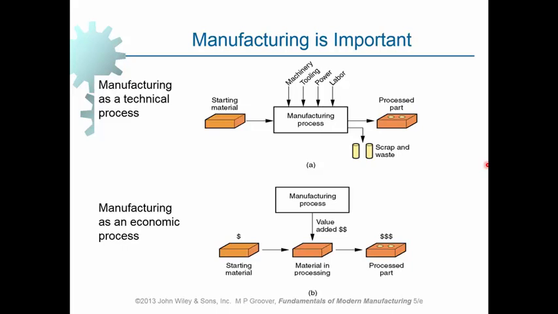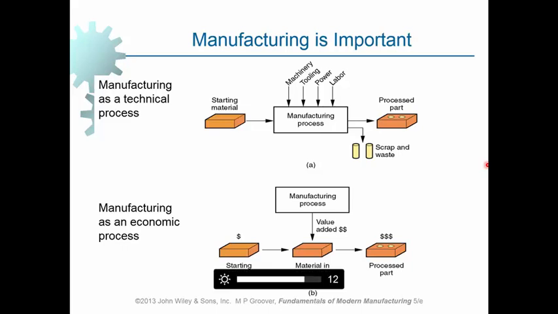When it was in the initial shape, just a straight bar, it was almost useless. But when the shape of it is changed after processing to a coat hanger, now it becomes a useful product. So this is the technical view of this process.